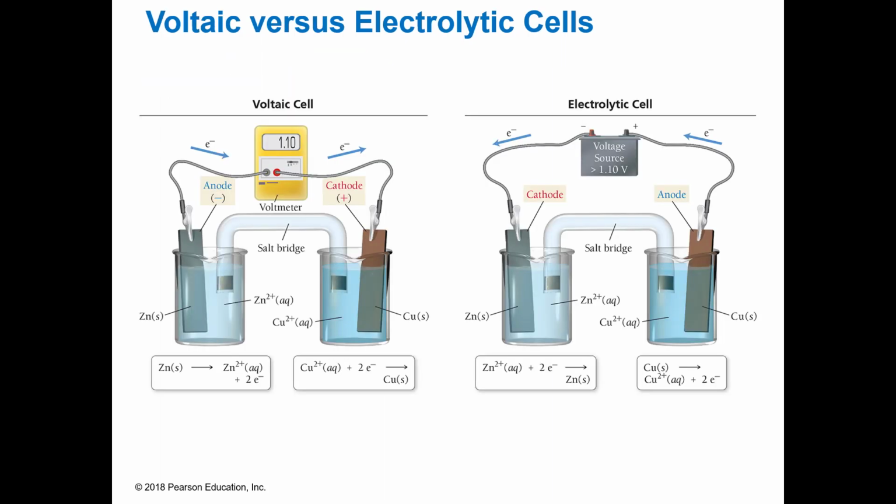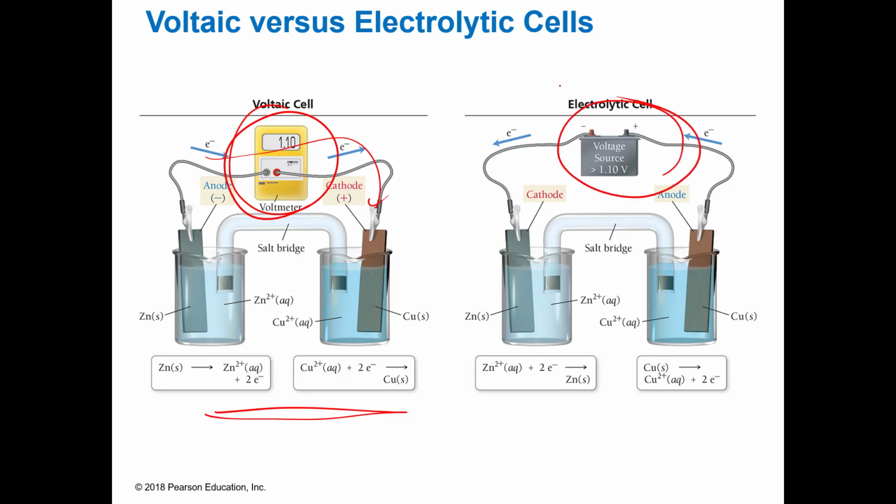So here's the voltaic cell that we've been looking at. It's our old buddy, the zinc and copper voltaic cell, where we were moving electrons from the anode to the cathode. Now, in the electrolytic cell, notice this is just to measure what the voltage is, right? In electrolytic cells, I have a voltage source because it's going to draw electrons from the anode to the cathode.